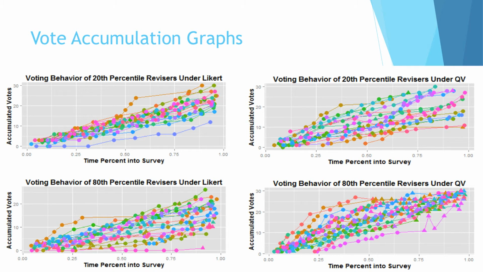The first order thing I make of that is, as you said, everyone wants to use their chips. So unless you read all the questions and can do the mental math, which almost no one doing the survey could do or would do, when you get near the end, you're going to either have excess chips or a shortage. And mechanically, if you want to use all of your chips, you're going to be forced to revise.